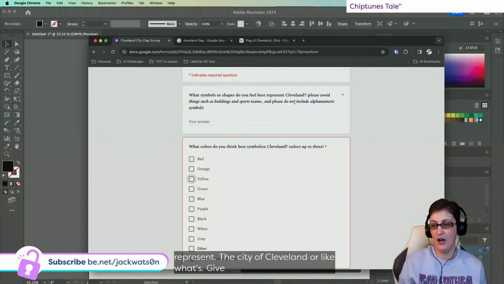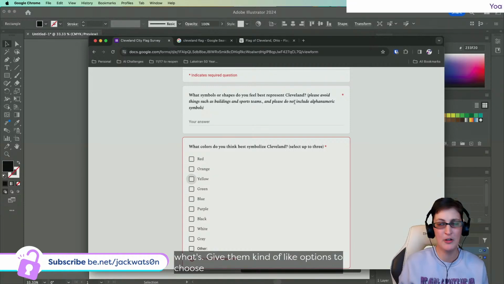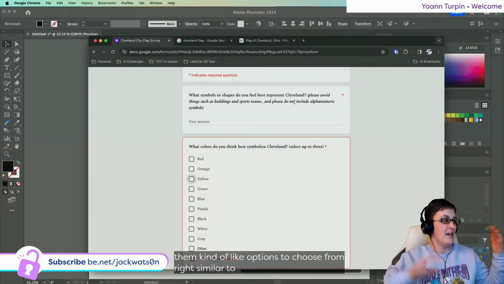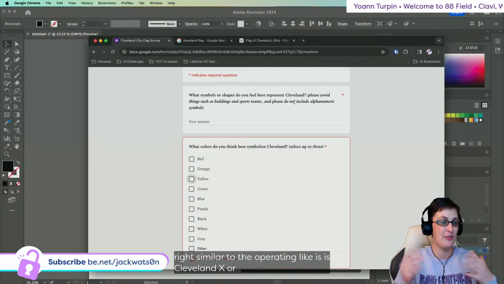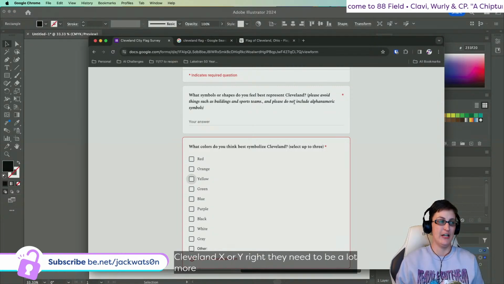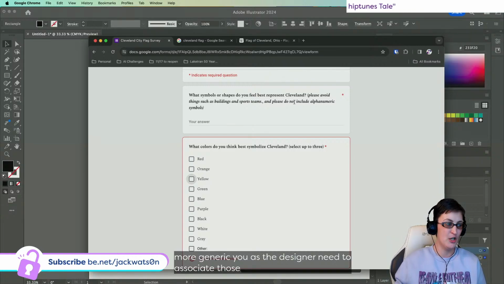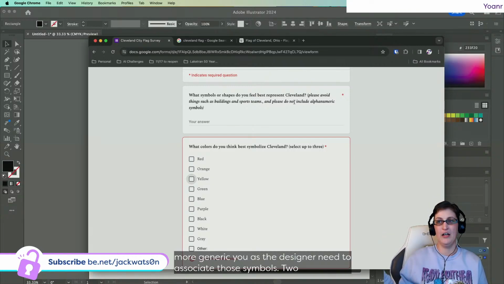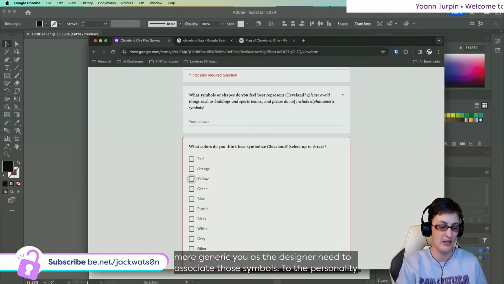Give them options to choose from, similar to our branding doc, like, is Cleveland X or Y? Though they need to be a lot more generic. You as the designer need to associate those symbols to the personality traits, the feeling of the city.